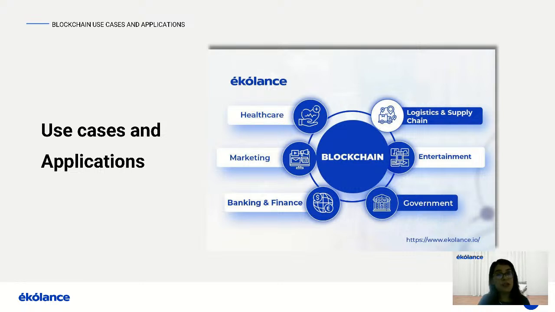For example, logistics and supply chain is very interesting because if you have different sensors or devices that track the supply chain of a product, the information of a product going from one point to another can also be recorded on a public ledger.